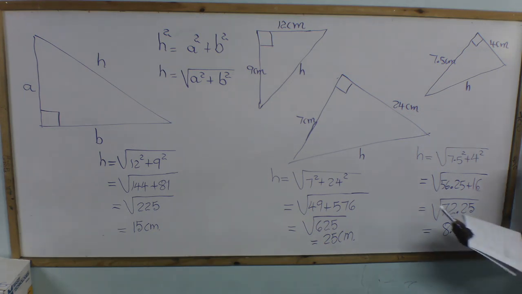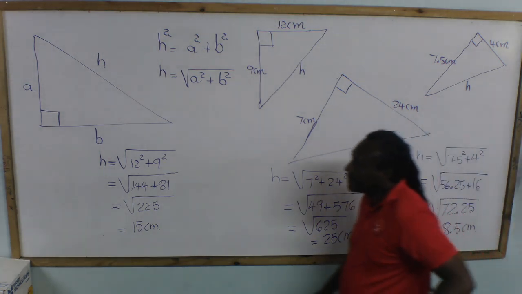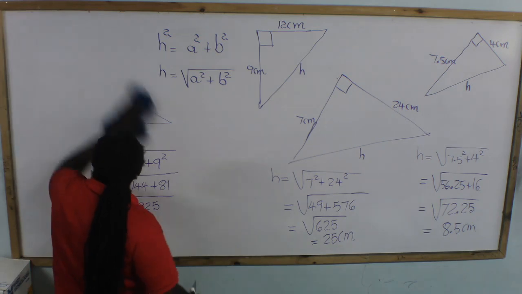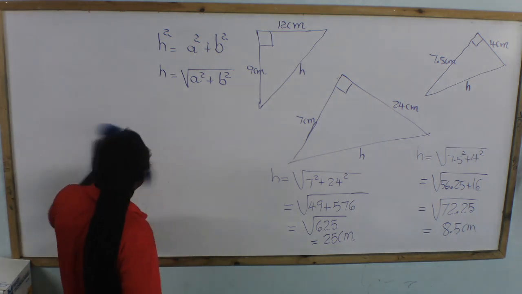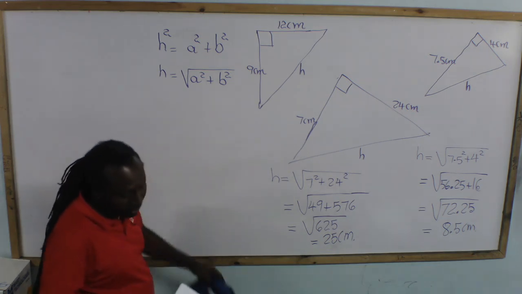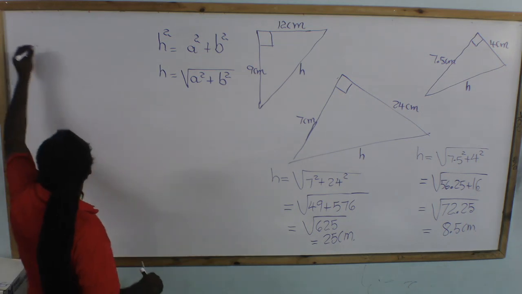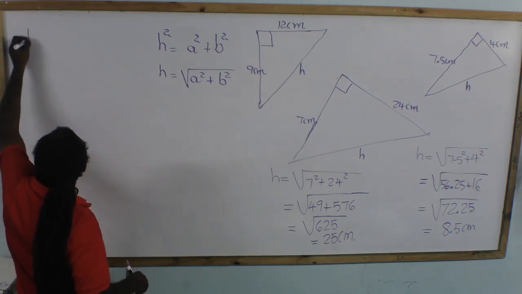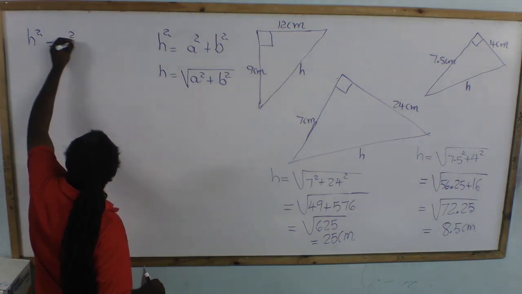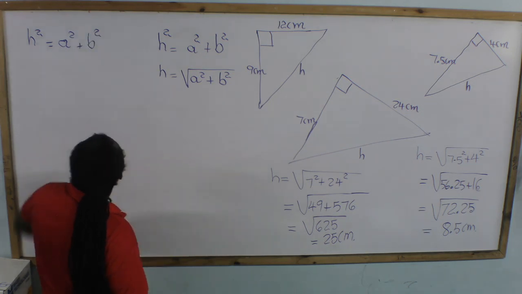Okay, so all of that is finished. So you're going to have some more fun. Irrespective of the short side that you want to find, the procedure will be the same as long as it's one of the short sides. Because you have your Pythagoras' theorem which says that h squared is equal to a squared plus b squared.